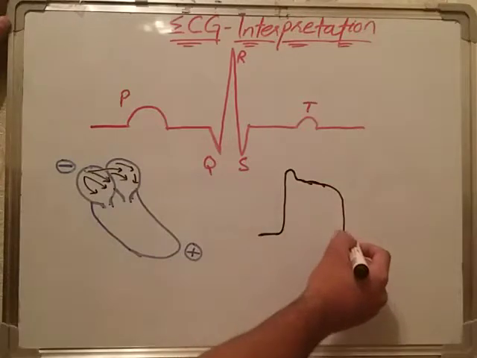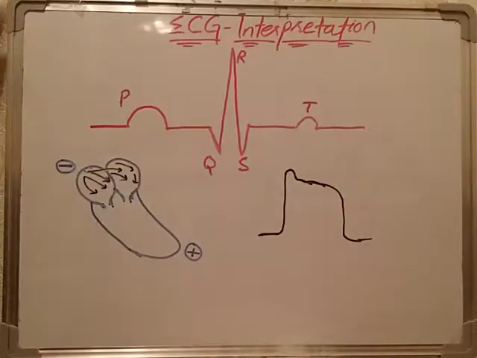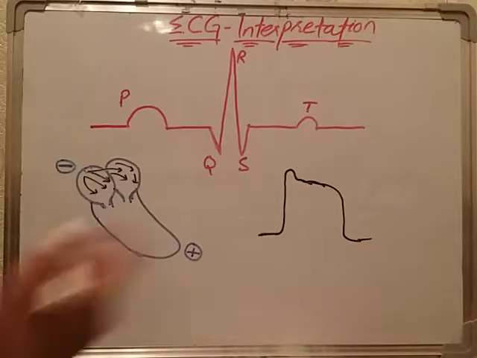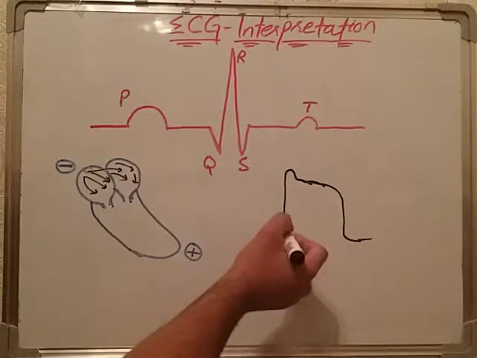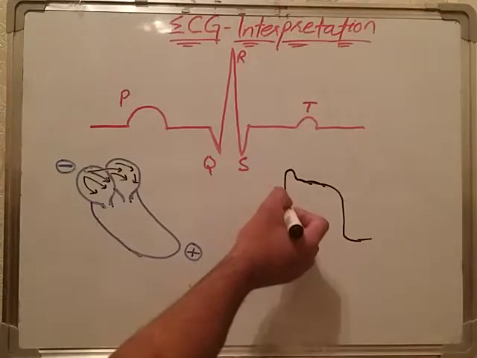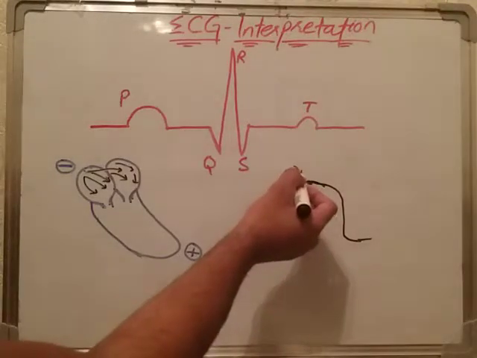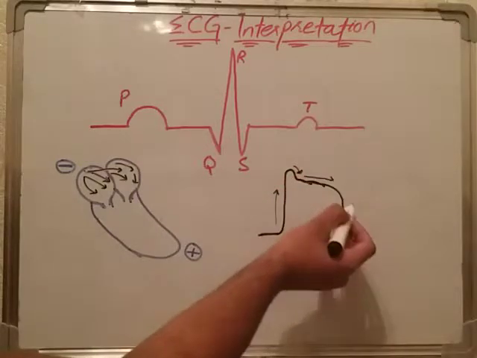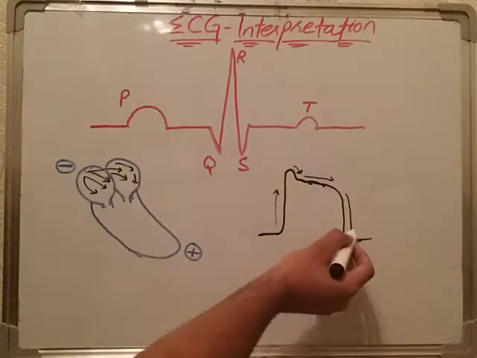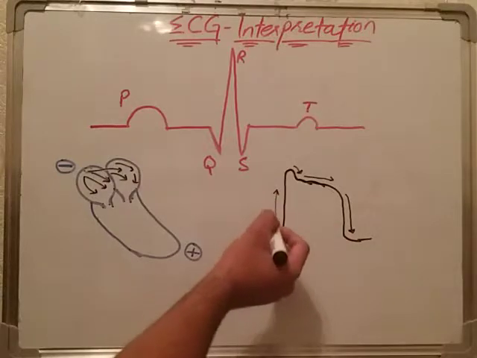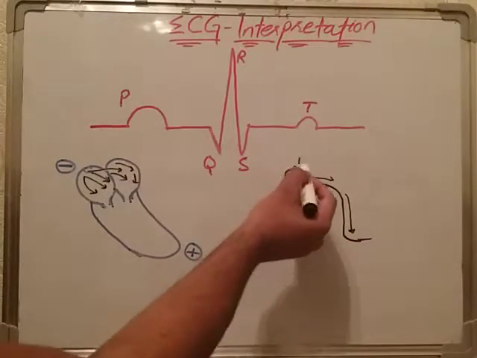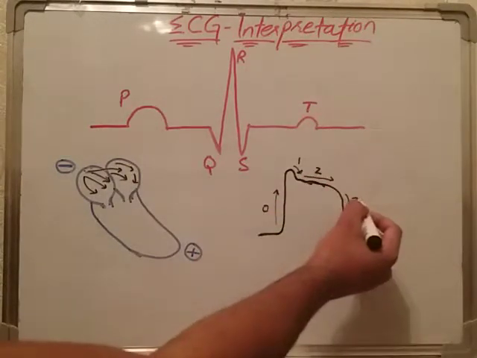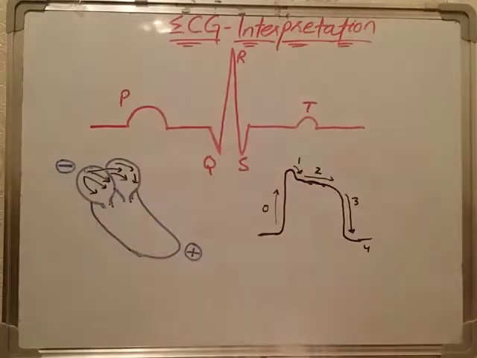This is the graphical presentation of depolarization of the heart muscles: a rapid depolarizing phase, plateau phase, and then repolarization phase. These phases we call phase 0, 1, 2, 3, and 4.